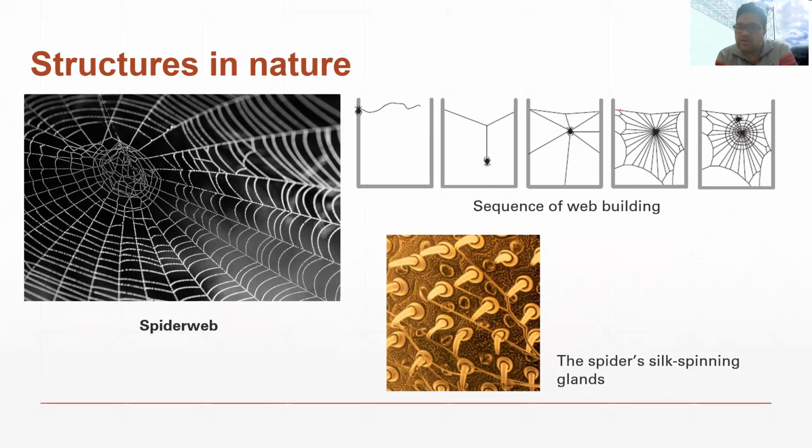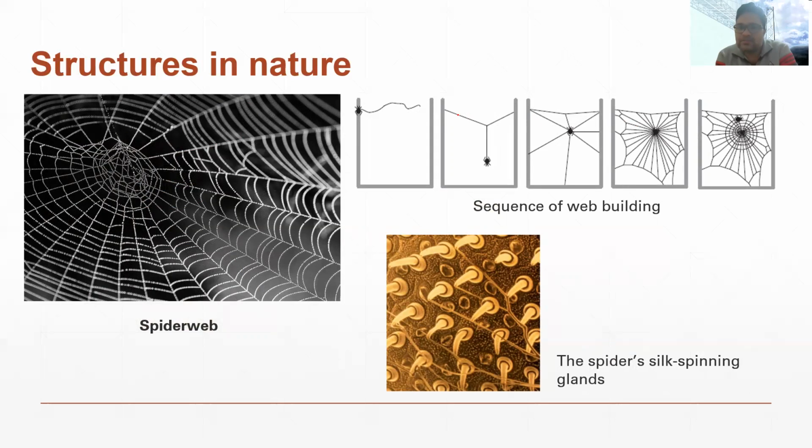Now what is that impact? For example, a spider web can resist the impact of a fast flying insect, so it will not break with that. Such kind of impact it can resist.